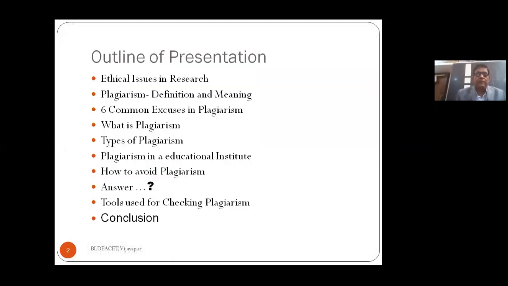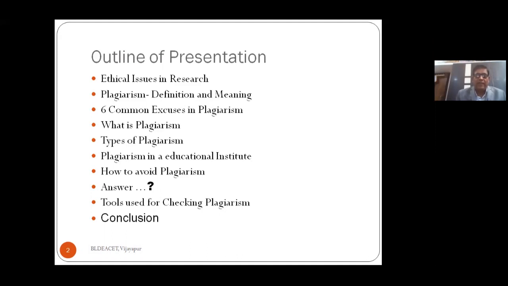So in my presentation, I'm going to highlight ethical issues in research. This is one of the important things. And plagiarism, the definition, the meaning, what is plagiarism, one should understand. And what are the common excuses in plagiarism? You can make some small mistakes, but the excuses are okay for students, not for teachers and research scholars.